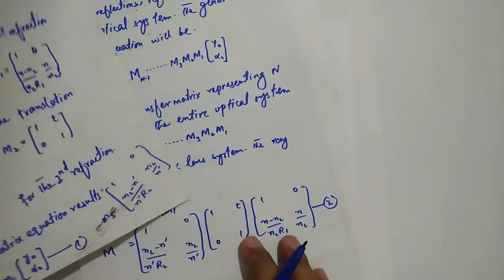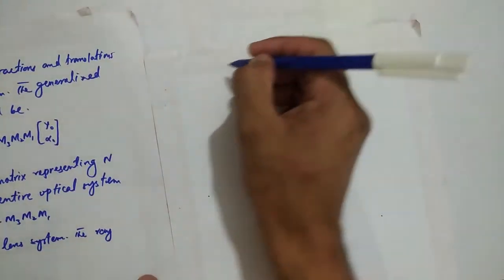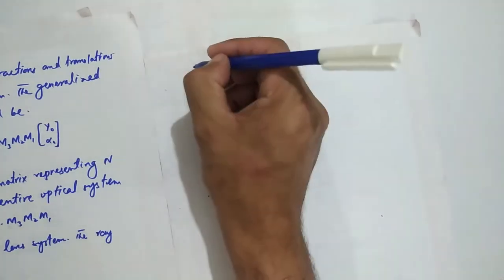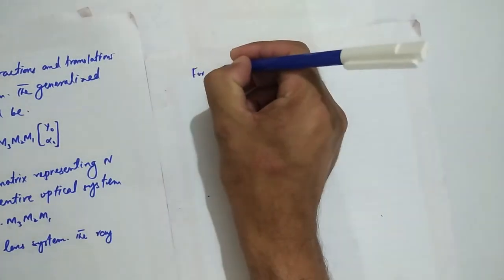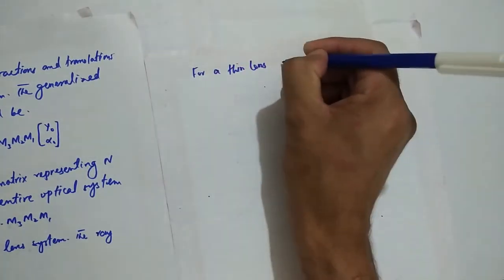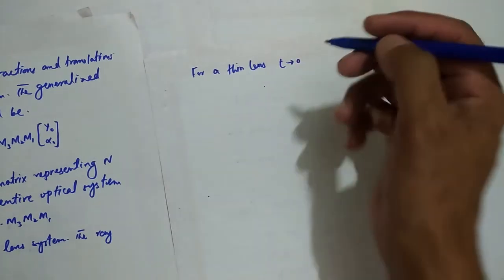But as we know that for a thin lens, T is almost 0, which is having a negligible amount of thickness.